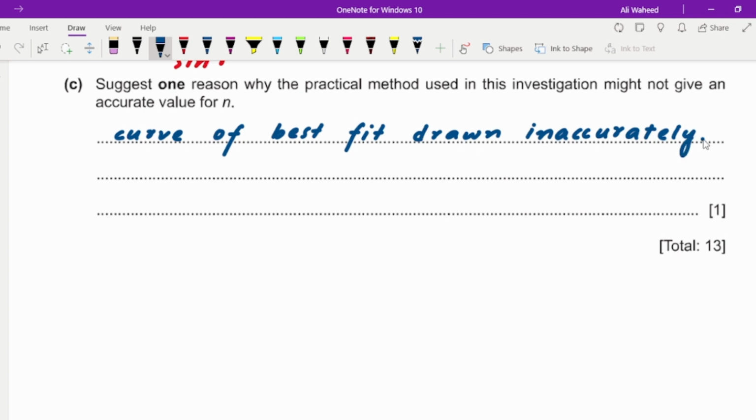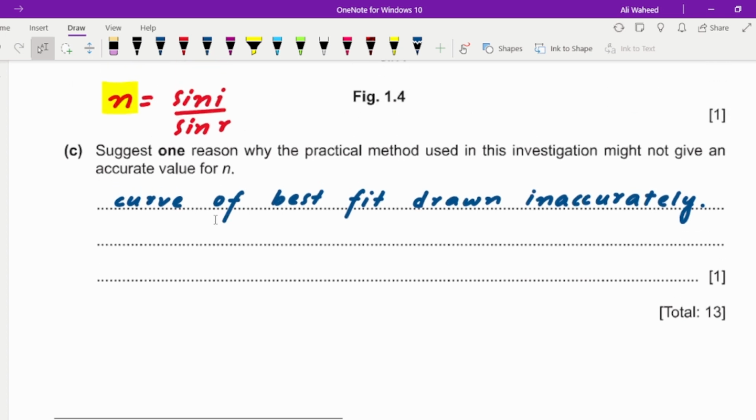And if there was some error in that, your value of sine i over sine r, the ratio, would be changed, and the refractive index would be different.